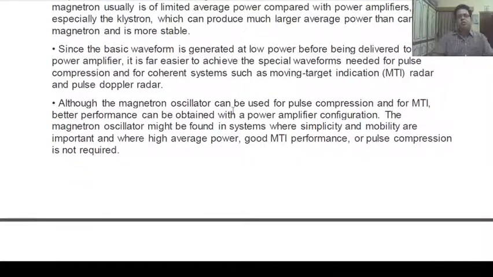Although the magnetron oscillator can be used for pulse compression and for MTI, better performance can be obtained with a power amplifier configuration. The magnetron oscillator might be found in systems where simplicity and mobility are important and where high average power, good MTI performance or pulse compression is not required.